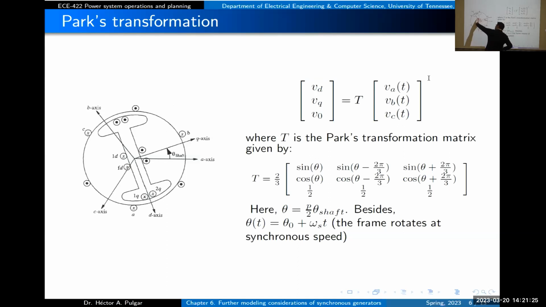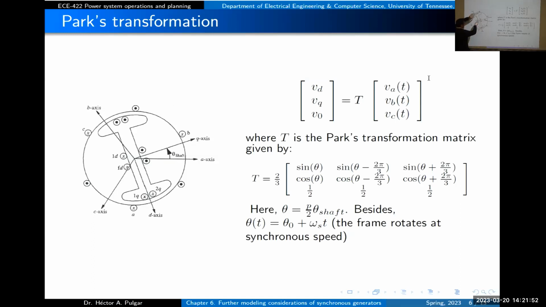And the other thing, these will depend on time because this angle is changing. So sometimes the Q axis and D axis will be there, but sometimes will be pointing in a different direction. Let's take this snapshot here. What are the components that we might have in the D and Q axis?